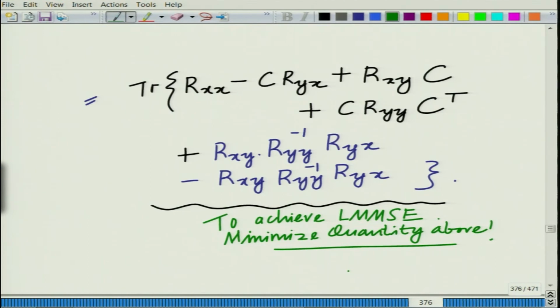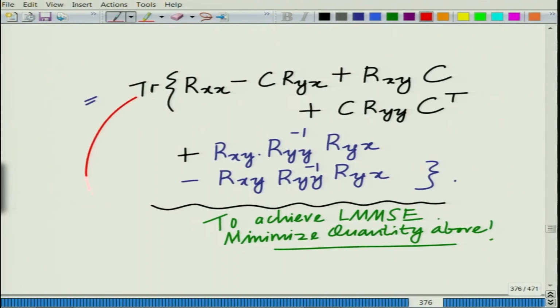So, essentially we have now set down the quantity, that is we can call this the mean squared error, right. What we have simplified so far is expected value of norm x hat minus x bar squared, where x hat is a linear estimator.